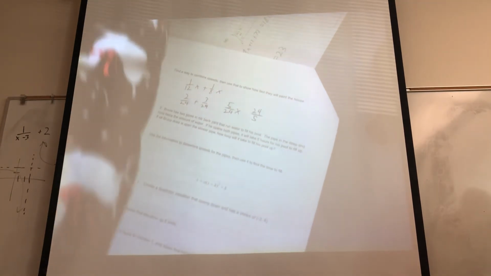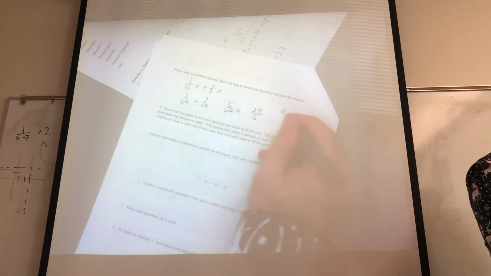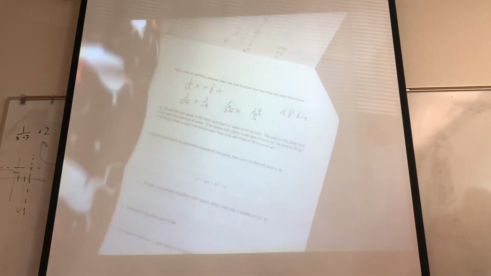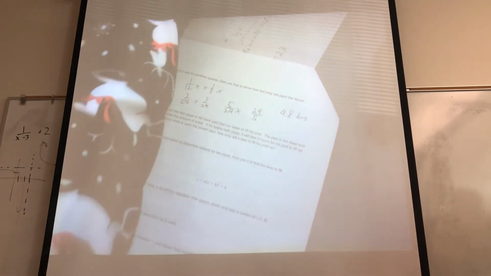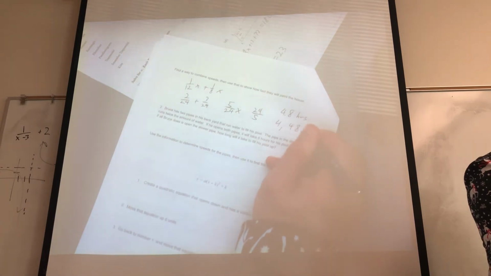So 24 hours divided by 5, that's going to give us 4.8 hours, or 4 hours and 48 minutes.